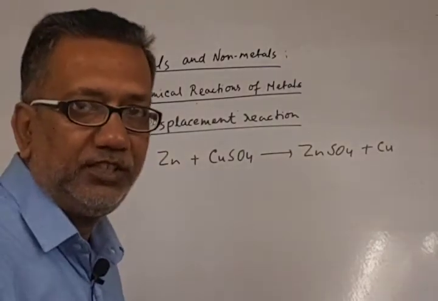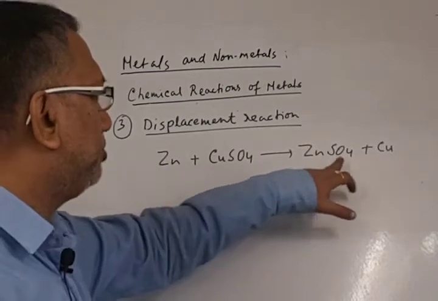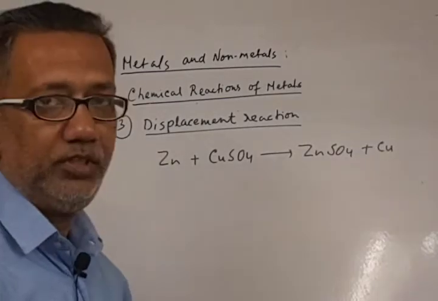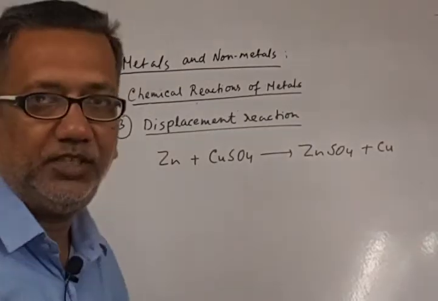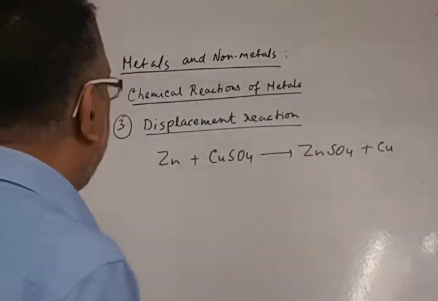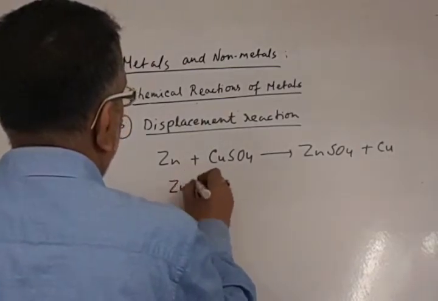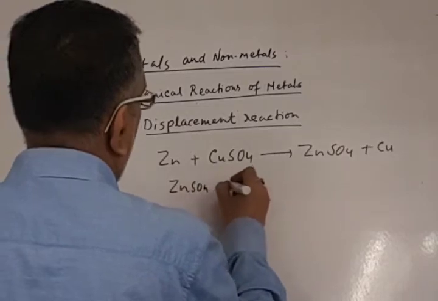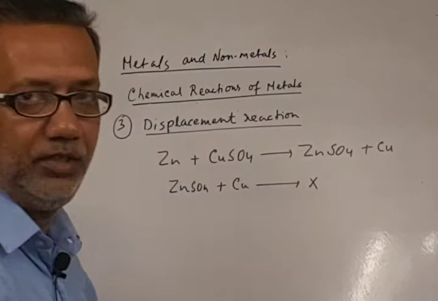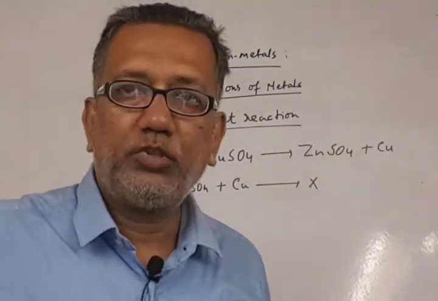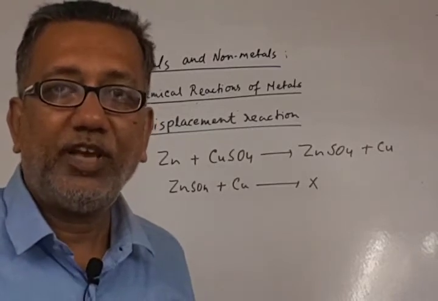So this zinc sulfate is produced along with copper. Here copper is replaced by zinc, but the reverse reaction is not occurring. If you take zinc sulfate solution and put a copper rod, then you will have no reaction. This is also due to the reactivity series.